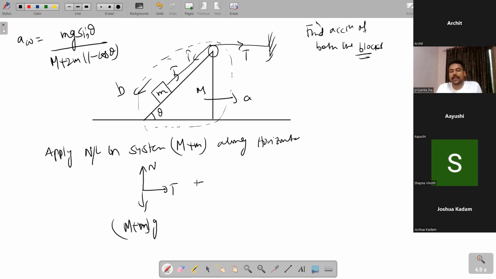Now, net force on the system is T equal to mass of the wedge into acceleration of the wedge plus mass of the block. And now this block has two accelerations, B and because of wedge as well. So this angle is theta that is given.